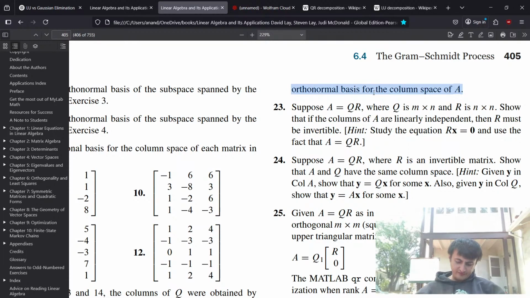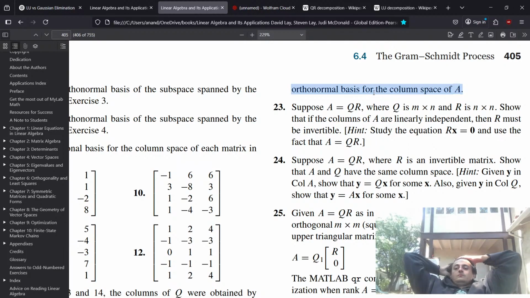Why must R be invertible? It's a good question. So let's just think about what the columns of A are.